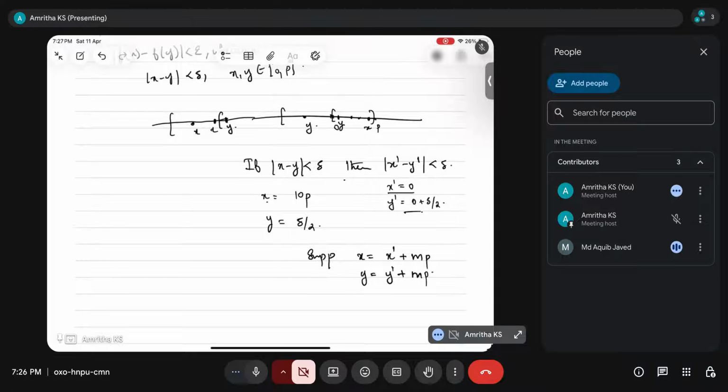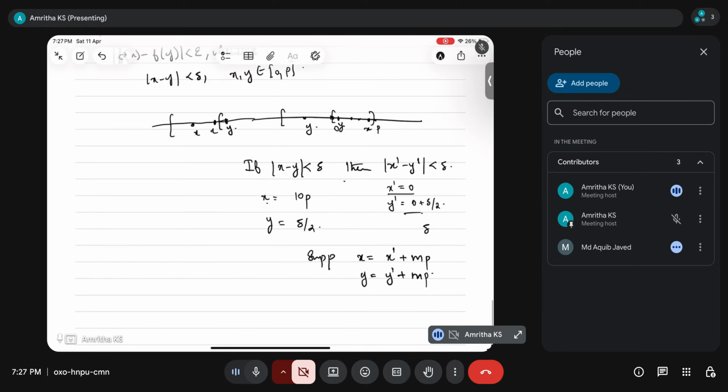I think we can take delta less than p. The only case where x and y may be a problem: distance of x and y means the mod of x minus y.